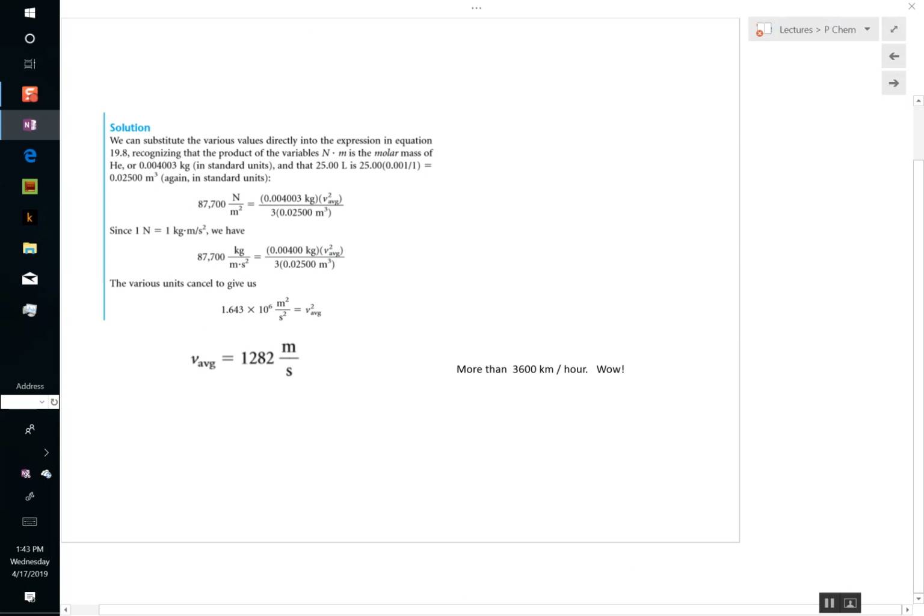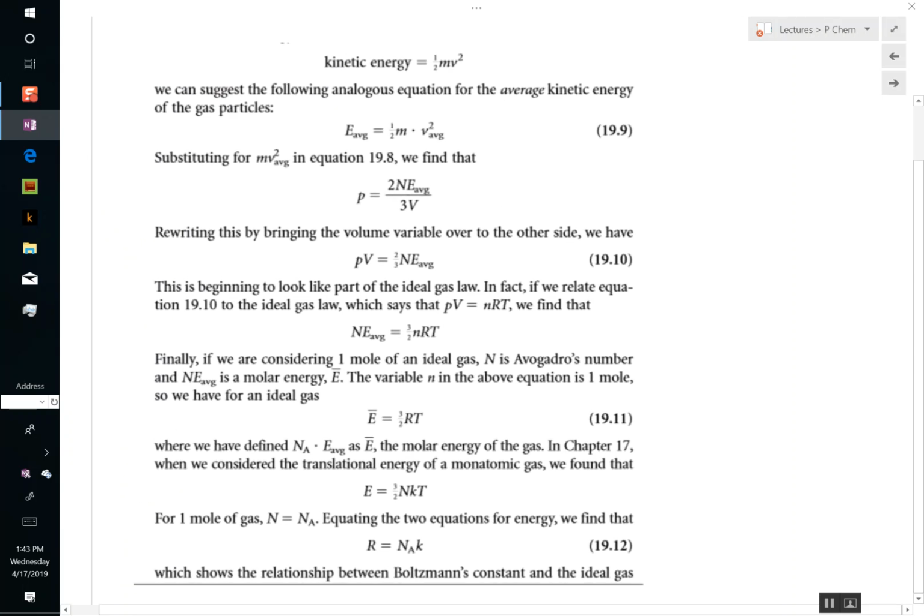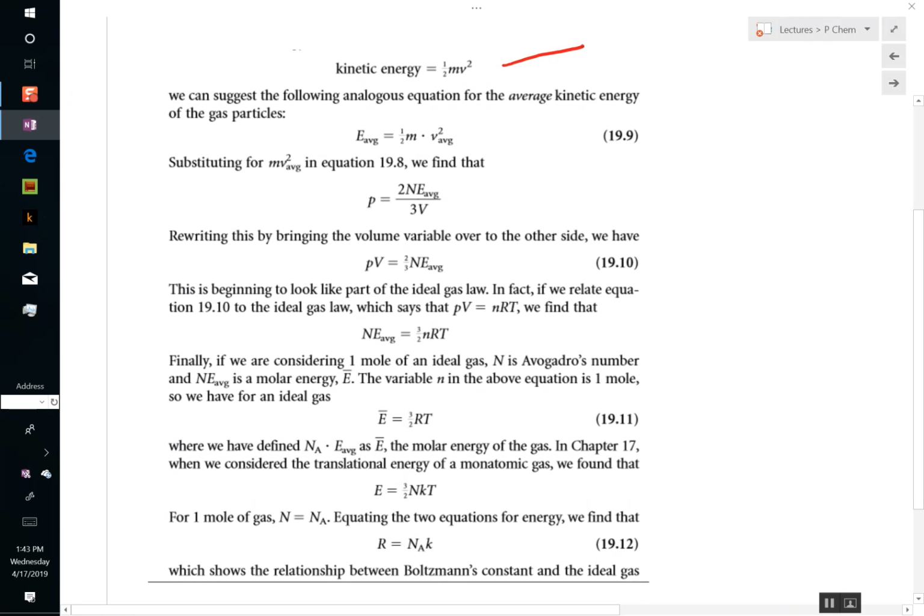Yeah, and here's the solution to that one. All right, let's just take a peek at this for a second. So here's kinetic energy. So now they're just coming off of what we just said. The average kinetic energy is 1/2 the mass of these particles times the square of the average velocity.